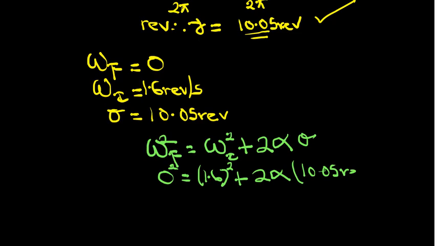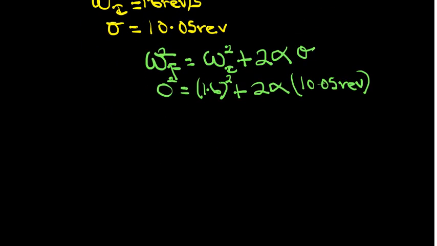So what are we supposed to find? 0 squared is 0. Then 1.6 squared. We're supposed to find the value of 1.6 squared so that you know the exact value of the acceleration that you're going to have in that particular equation.